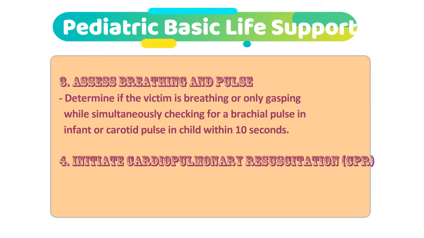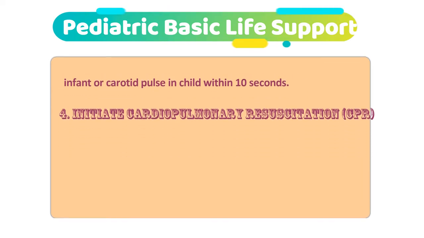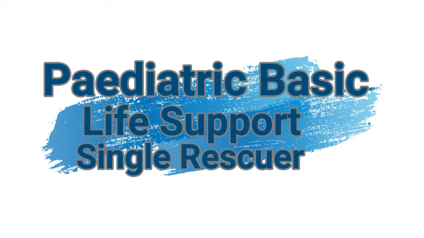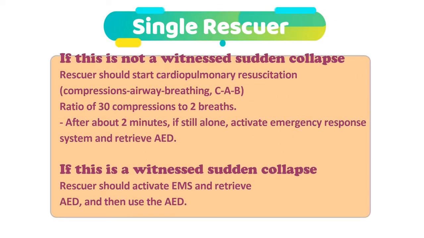Fourth, initiate cardiopulmonary resuscitation if necessary, with proper method. If you are alone and come across a child who is down, which is not a witnessed sudden collapse, then, as a rescuer, start cardiopulmonary resuscitation.